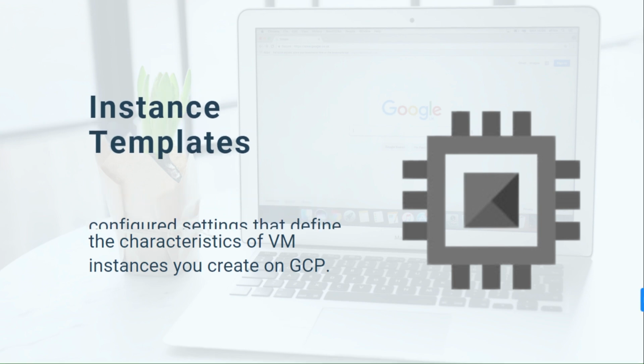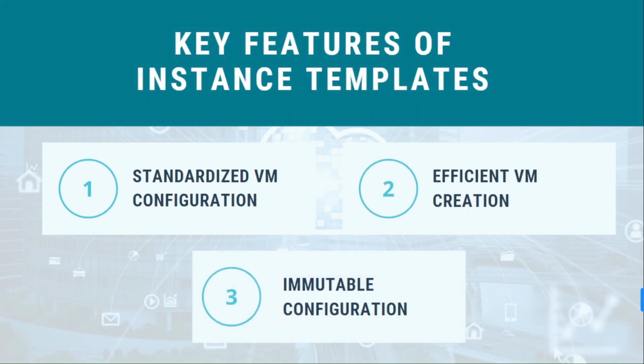Let's dive into what makes them an essential tool for efficient virtual machine management. Number 1. Standardized VM configuration. Imagine having a blueprint for your perfect VM. This blueprint, which is what an instance template is, lets you define all the critical details like machine type, boot disk image, labels, and startup scripts.